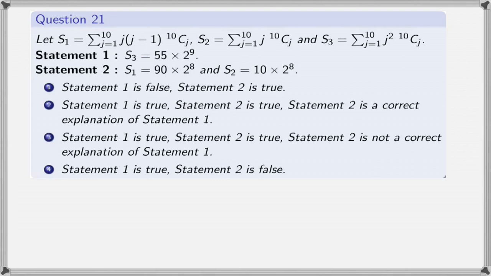In case these 2 statements are correct, we shall find out whether statement 2 is a correct justification of statement 1 or not. First, we note that S1 plus S2 is equal to S3. Therefore, we begin by verifying whether statement 2 is correct or not.